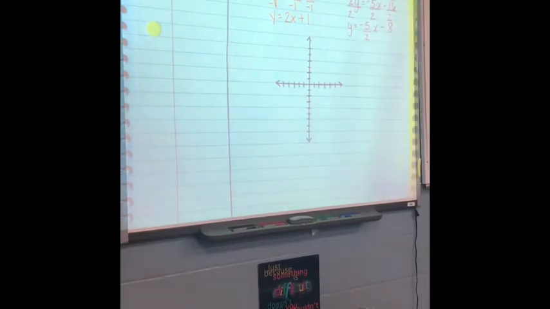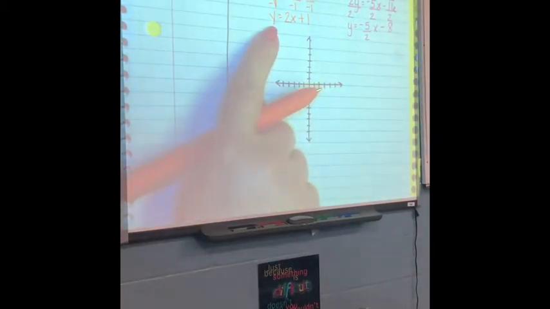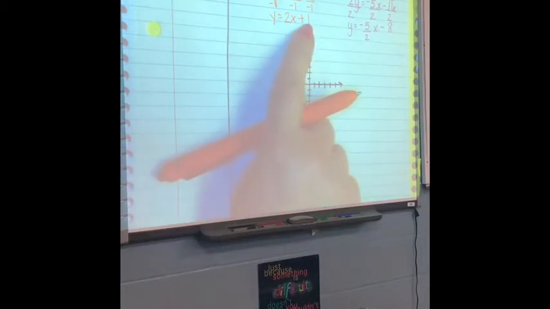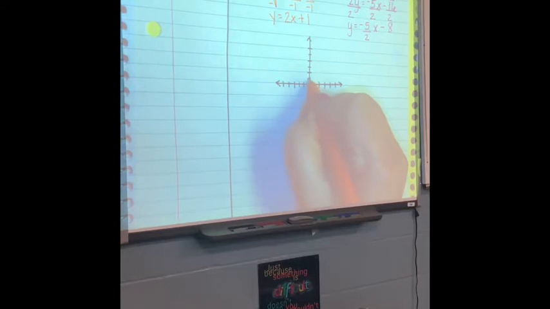And I'm going to start by graphing the y equals 2x plus 1. So I'm going to start at plus 1 being my y-intercept. So I'm going to go up to positive 1 and put that point. And I'm going to use my slope of 2 over 1 to put other points on the line.